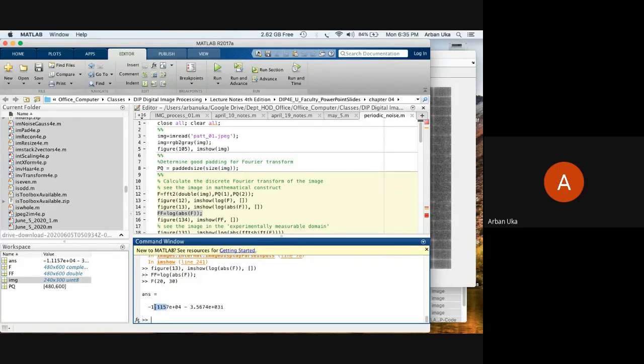So this would be the real part of this complex number, 1,115.7, minus i, the square root of minus 1, times 3,567. So this is a complex number. We can call this one AA.